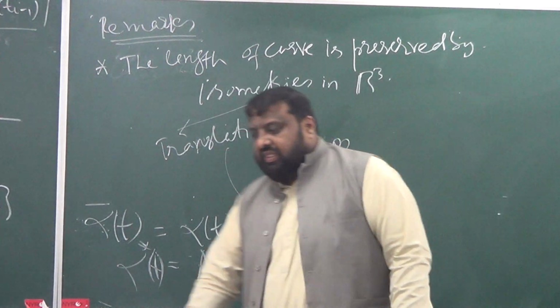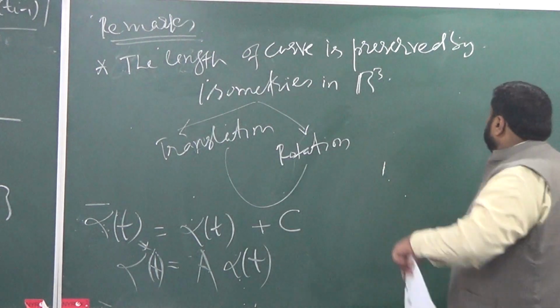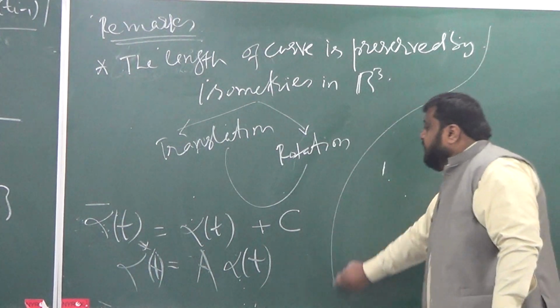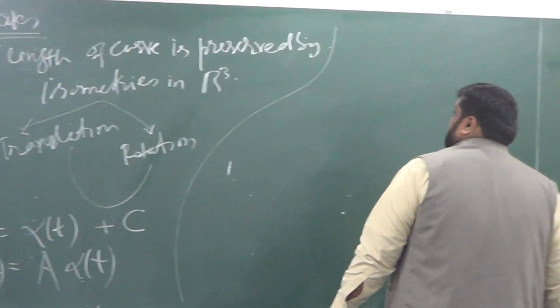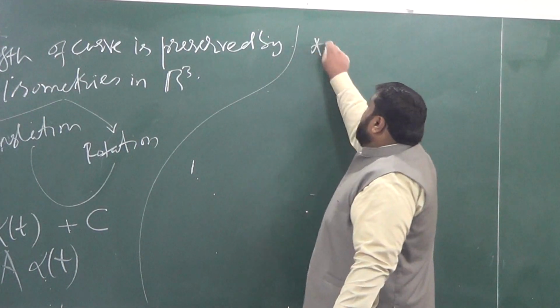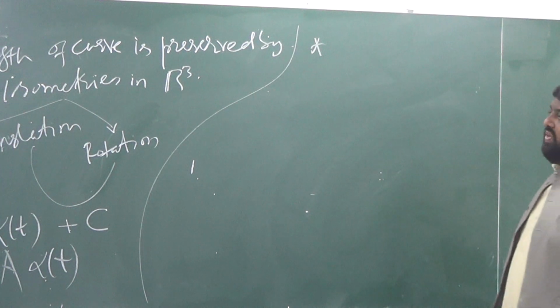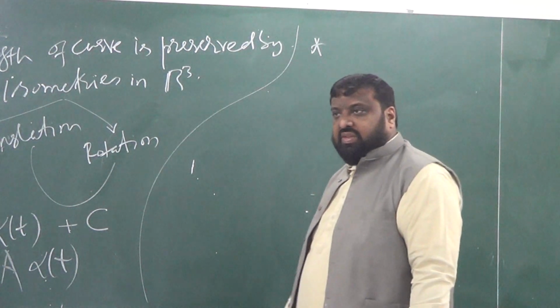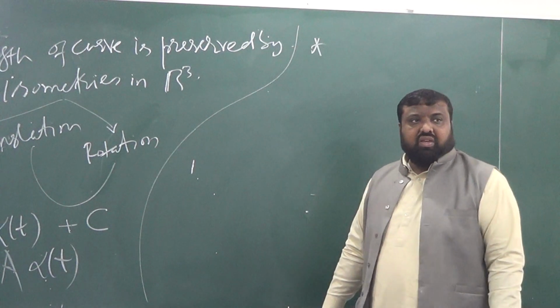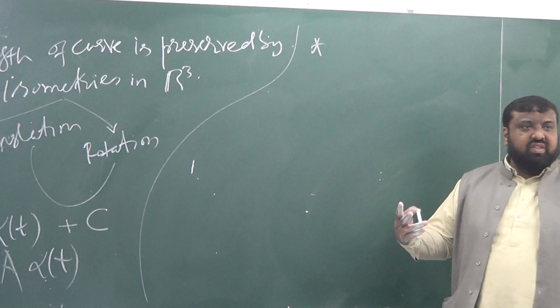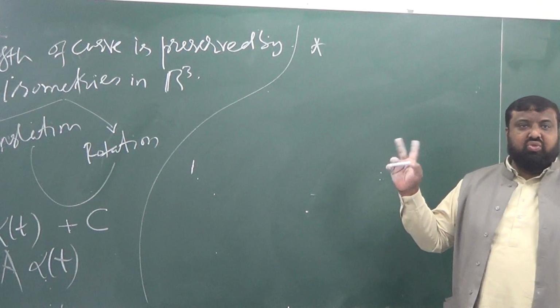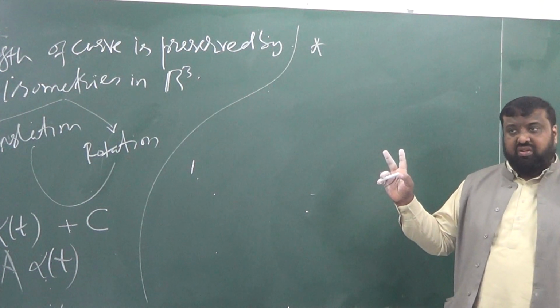The next thing that I would like to comment on is something that we also did in multivariate class: the length of the curve is independent of the choice of parameterization. For example, for the circle we saw two parameterizations actually.